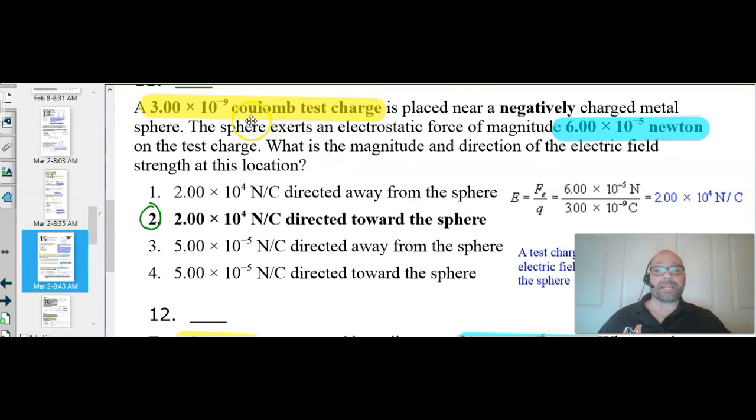Because the test charge is positive, but the sphere is negative, so they're attracted to each other. And since the test charge is so small, it is attracted to the negatively charged sphere. This is very similar to an Earth analogy. This test charge would be like Newton's apple, and the Earth is this large source of gravitational attraction. It pulls the apple to the surface of the Earth. Well, this test charge is pulled to the surface of the sphere.